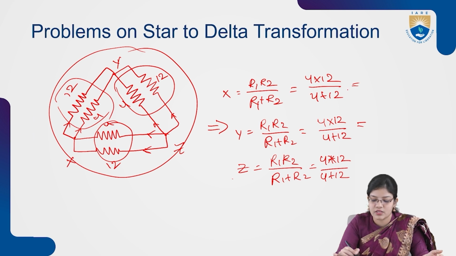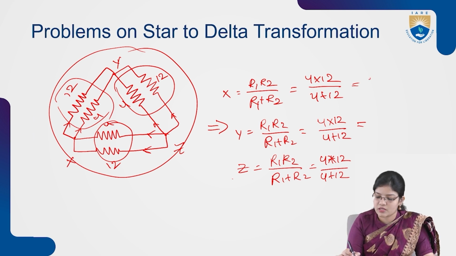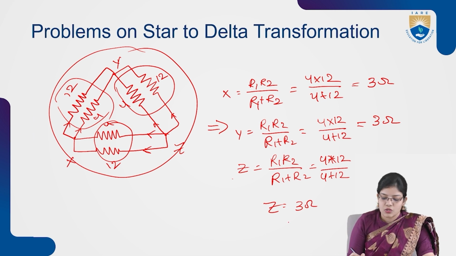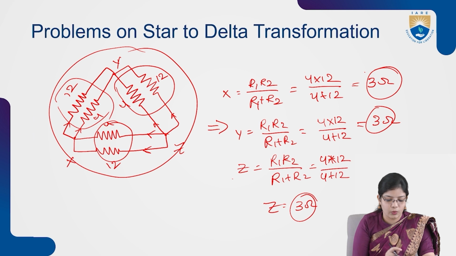The values of these resistances will be taken as 3 ohms. As we are having the same values, all the resistances will be of 3 ohms. So now by using this value, I'm going to draw the equivalent delta network.